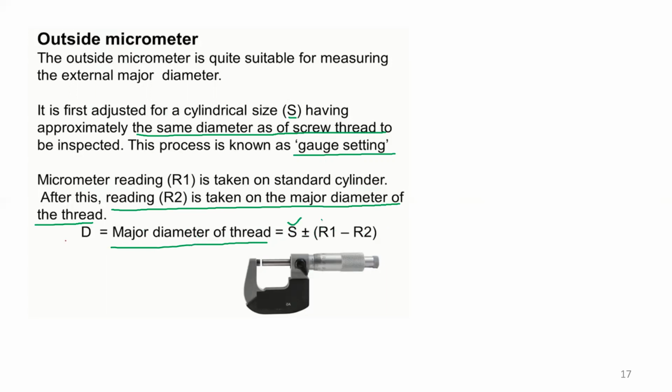R1 is the reading on the standard cylinder. R2 is the reading on the screw thread. By using this formula, we can calculate the outside or major diameter of the external screw thread.